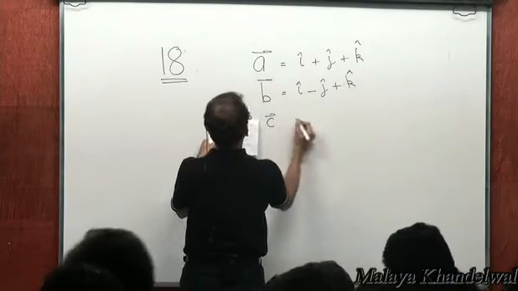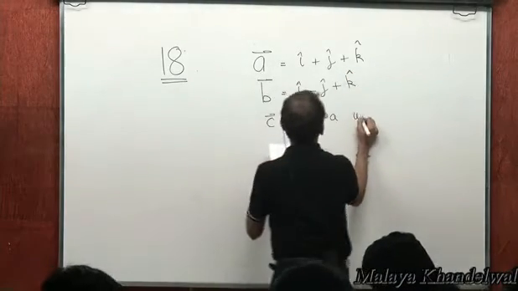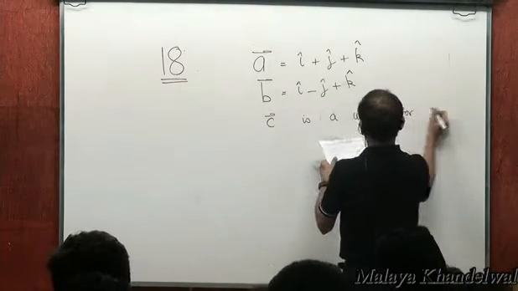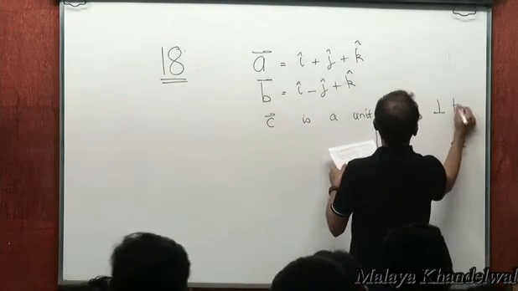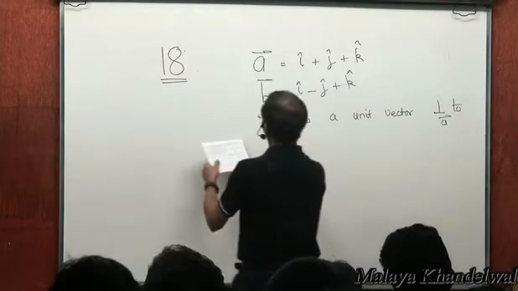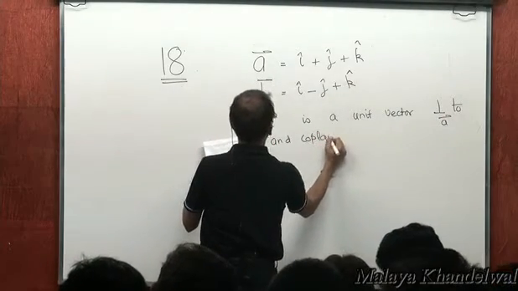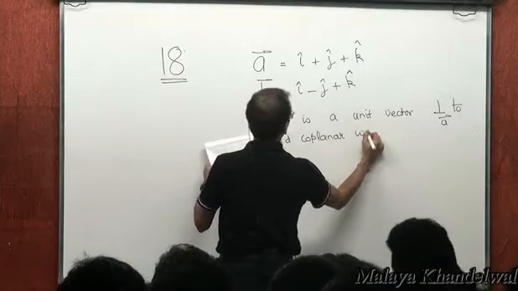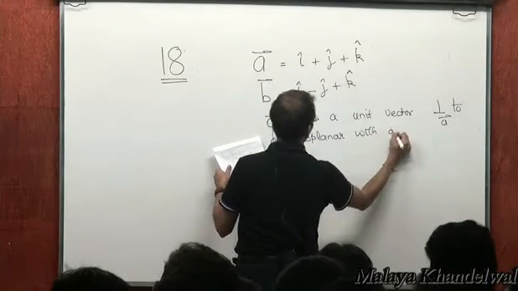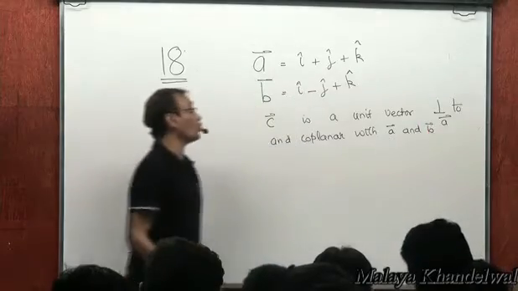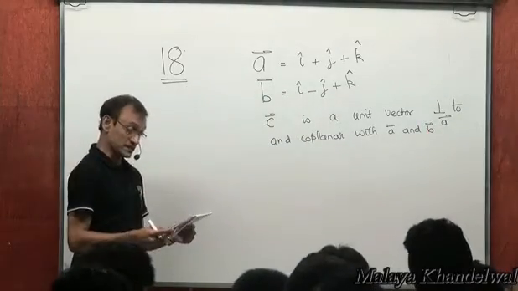And C is a unit vector perpendicular to A and coplanar with A and B. Perpendicular to A but coplanar with A and B. That's given.